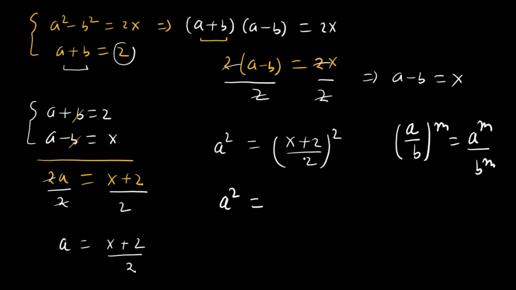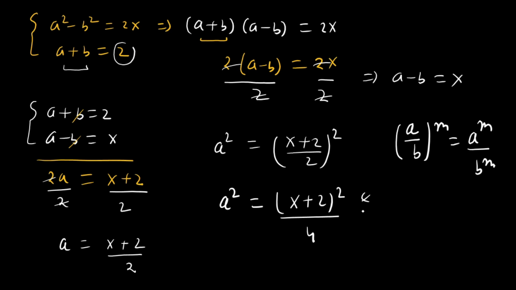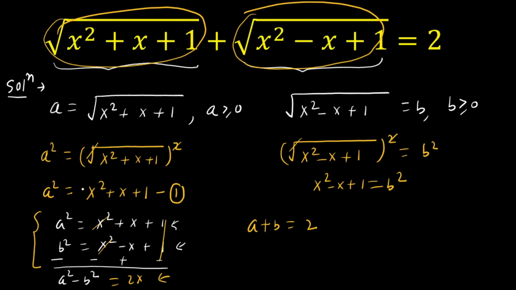Then the right hand side is x plus 2 to the power 2 divided by 2 to the power 2, that is 4. We know that x plus 2 whole square is the same as x square plus 4x plus 4, divided by 4. The value of a square is x square plus x plus 1.